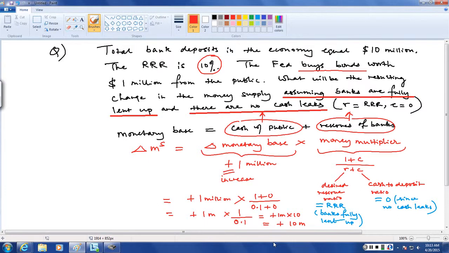Right? So what's the resulting change in the money supply? What is this change in the money supply going to be then? This change in the money supply shall, according to our calculations, be equal to a rise of $10 million.